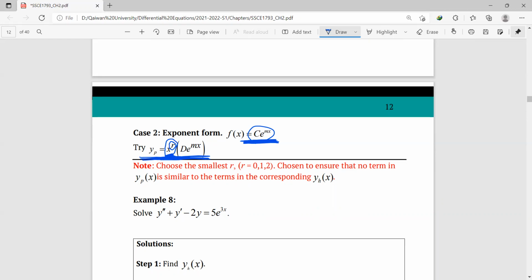After finding yh and then choosing yp, then we know the value of r. We don't know before. There is no rule from looking at the example to know whether r is 0, 1, or 2, or any other number.